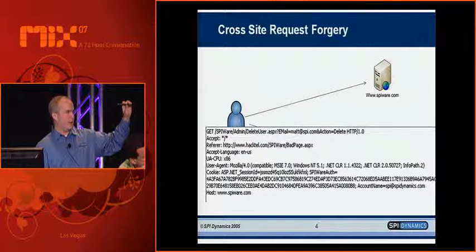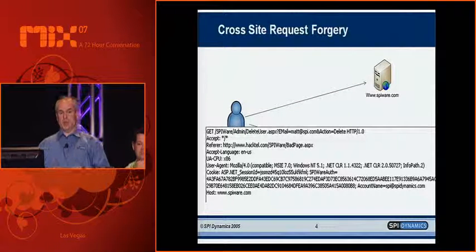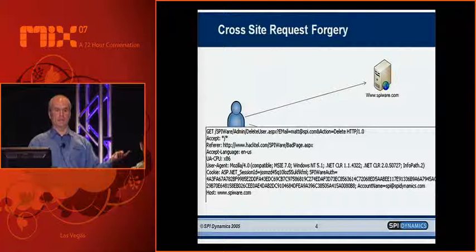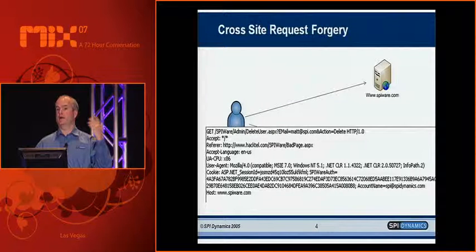It grabs all the cookies that were meant to go to this main website, attaches them to that request, and sends them along with it. So that image tag just sent off a request to go delete a user, and it happens authenticated as the person that was logged in. So I'm logged into website A, I go to the bad guy website, and it then, just through an image tag, forces me to go delete something or do some action that I didn't intend.